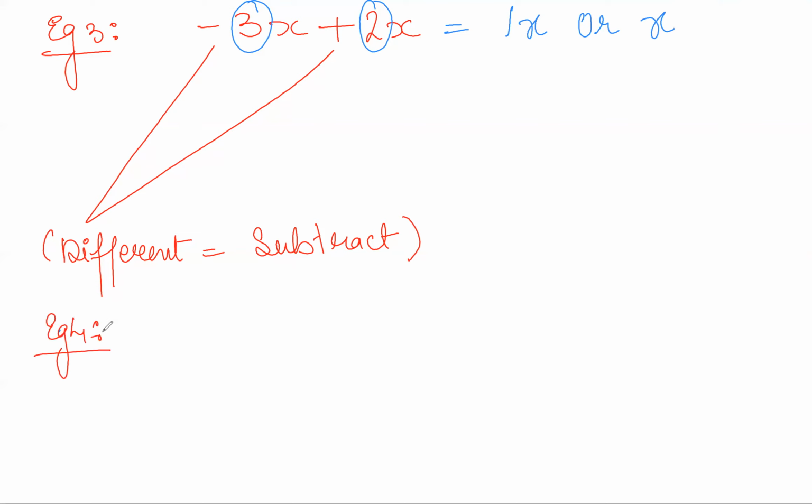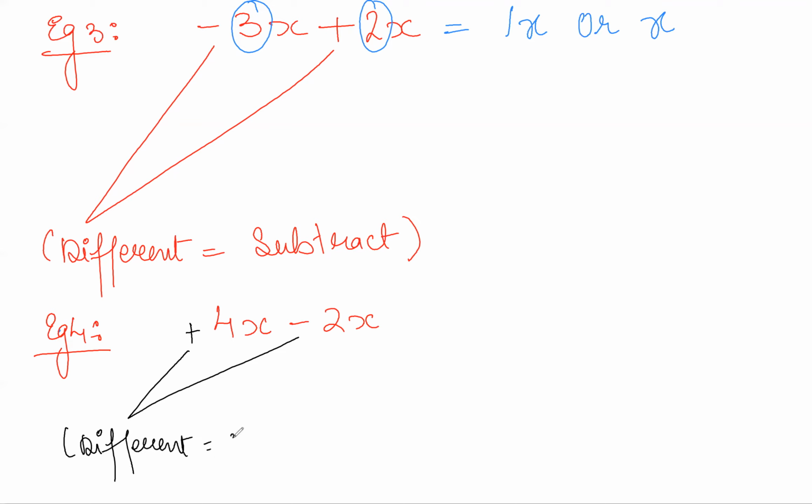Now I take 4x minus 2x. As I mentioned, whenever a number is without any sign, it has a positive sign, or it is a positive number. Again, we notice that both the signs are different. So when the signs are different, we actually subtract.